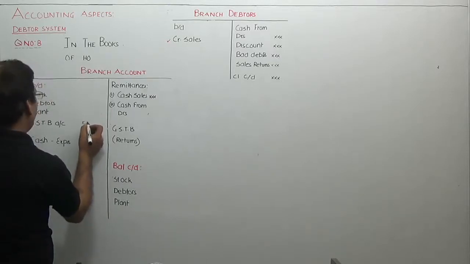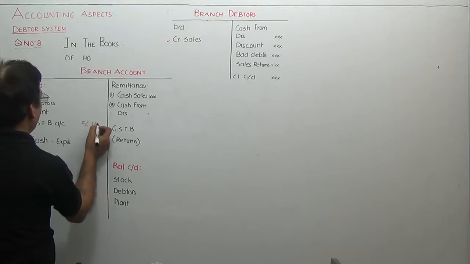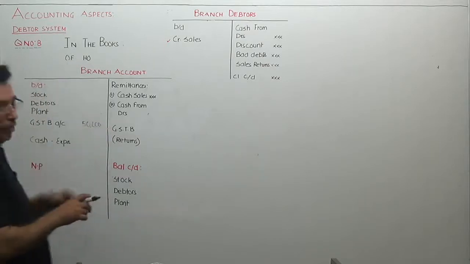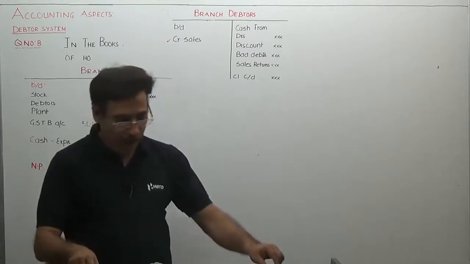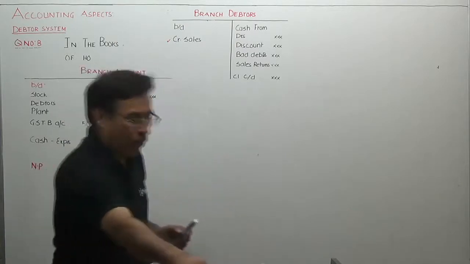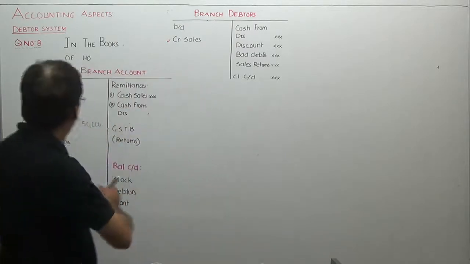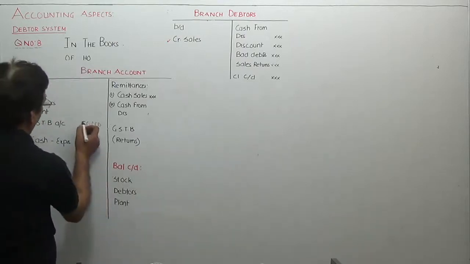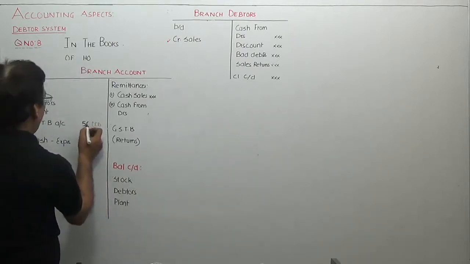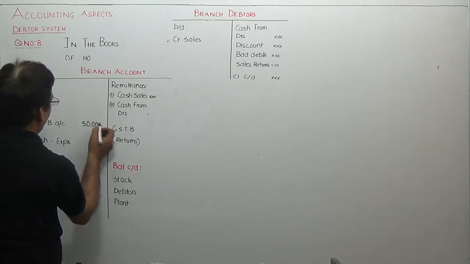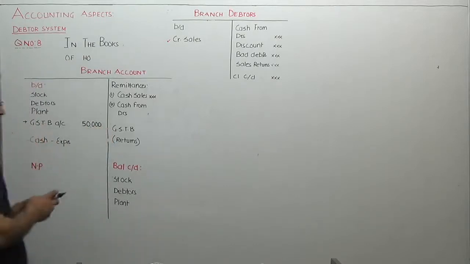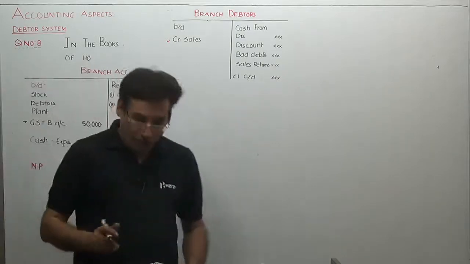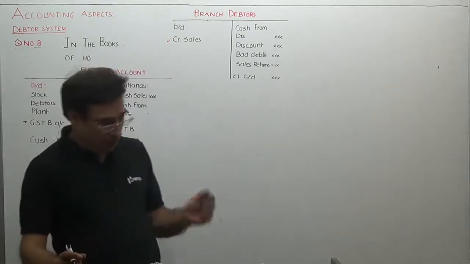You will prepare this in the books of head office, and write 50,000 on the debit side of the branch account. Your entry will be branch account debit to goods sent to branch account. It is easy for you.